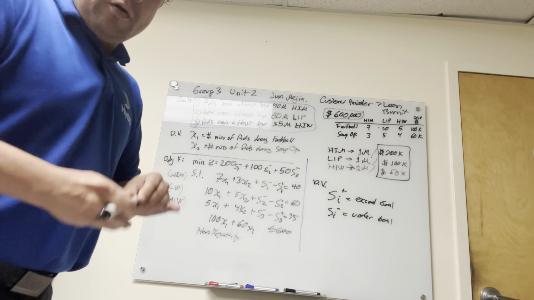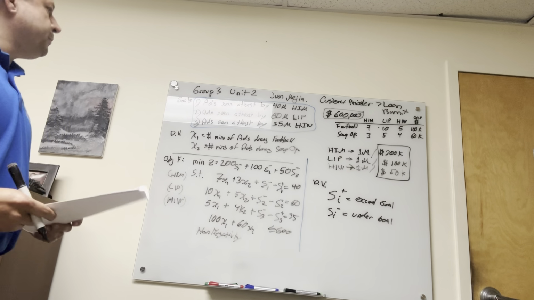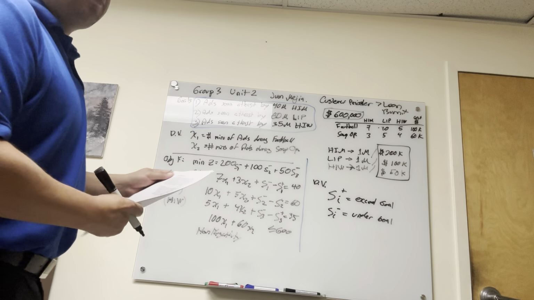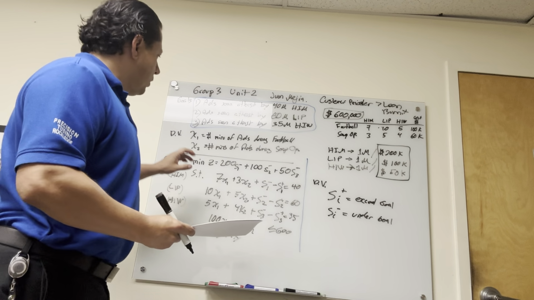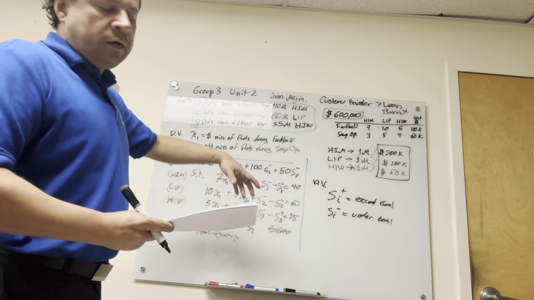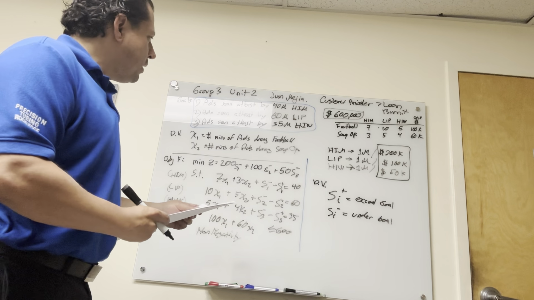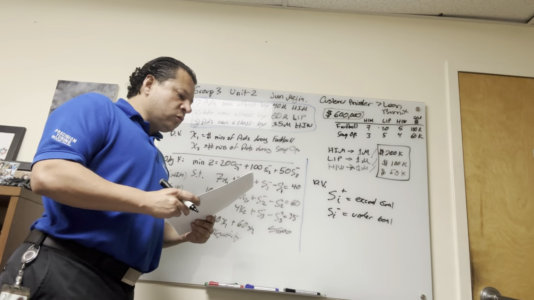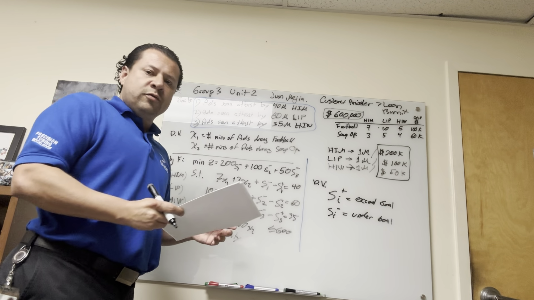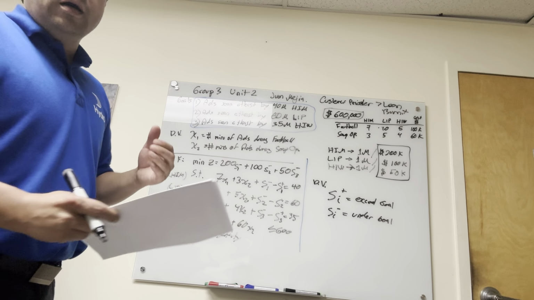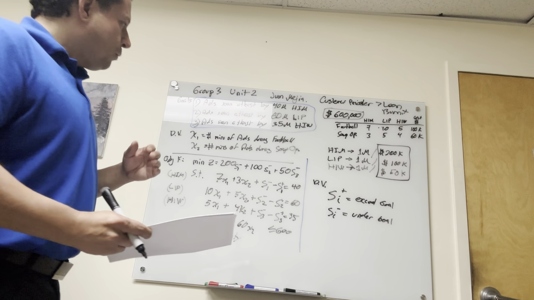Okay, so far what we've done is convert our basic linear program formulation to a standard form where we introduce the decision variables. But now the actual preemptive goal programming is based on prioritizing your goals.